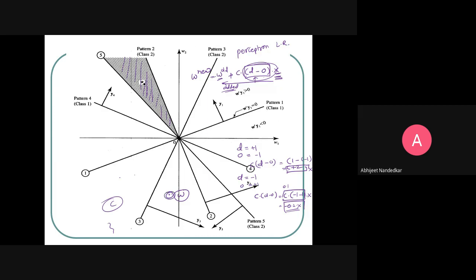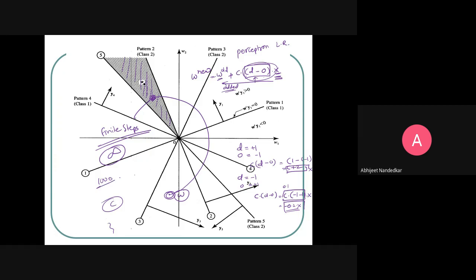Okay, so if I do like this, then the theorem says that you will go to this region of solution in finite steps. You don't require infinite steps. Your computer will not get hanged because it's infinite loop. Okay, so that will not happen. So that ensures that my training will finish in finite number of steps.